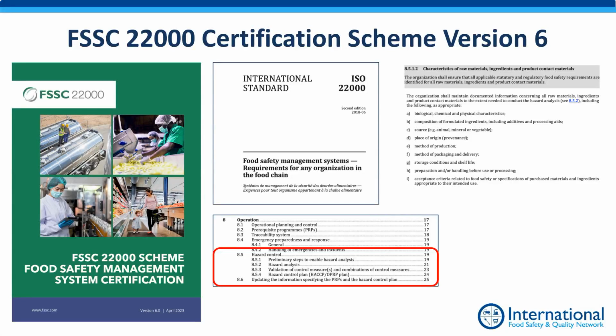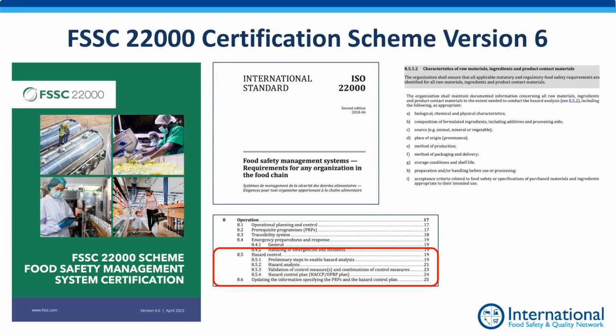ISO 22000 requires that the organisation shall ensure that all applicable statutory and regulatory food safety requirements are identified for all raw materials, ingredients, and product contact materials.